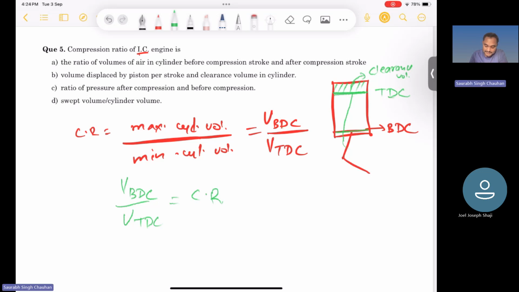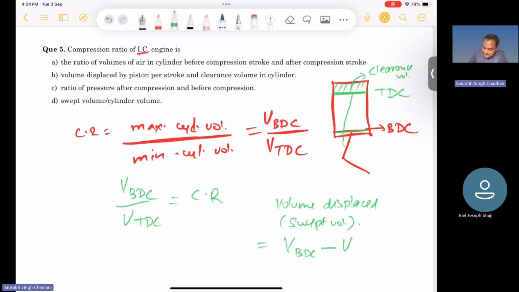Part B says volume displaced by piston per stroke and clearance volume in the cylinder. No, it is not the correct option, because the displaced volume, or swept volume as we sometimes say, is the maximum volume, or volume at BDC, minus volume at TDC.